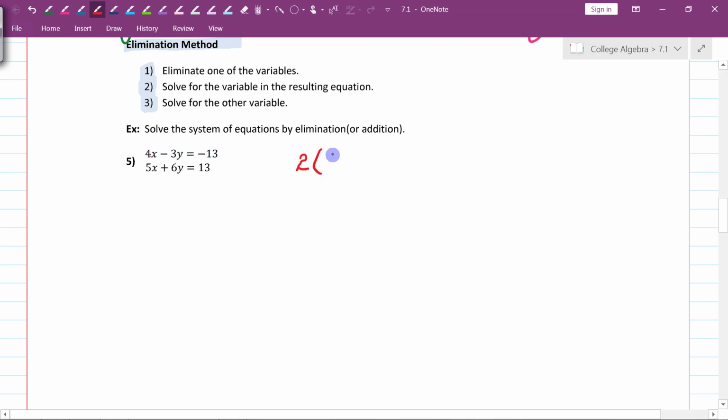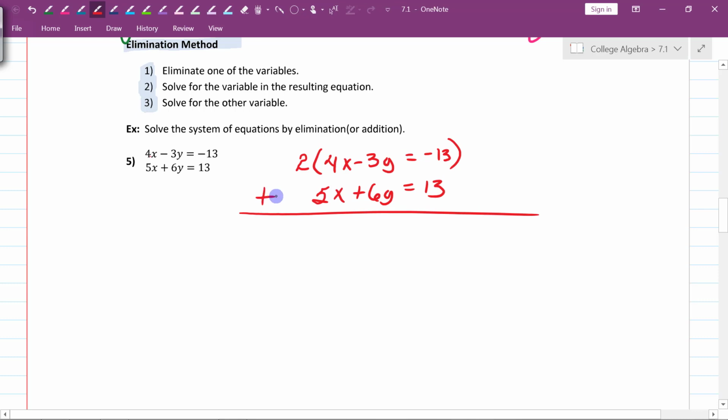So that's going to be 4x minus 3y is equal to negative 13. I'm going to multiply that 2 all the way through. Then I'm just going to write this one down right here. So it's 5x plus 6y is equal to 13. And I'm adding them together. First thing I'm going to do is simply multiply this all the way across.